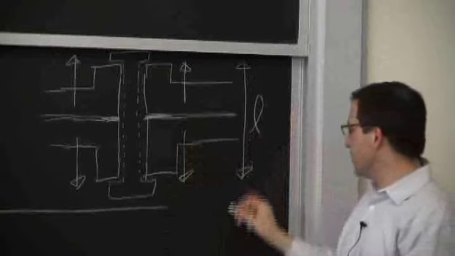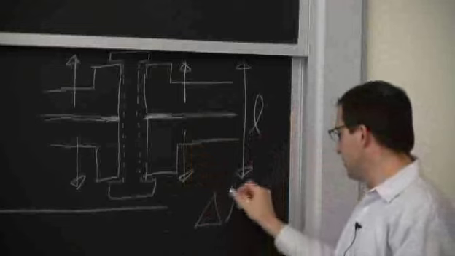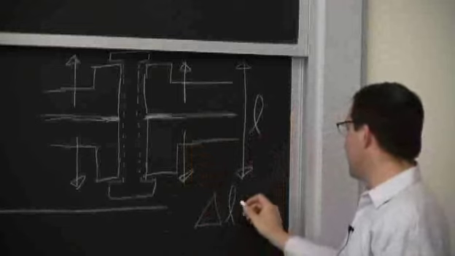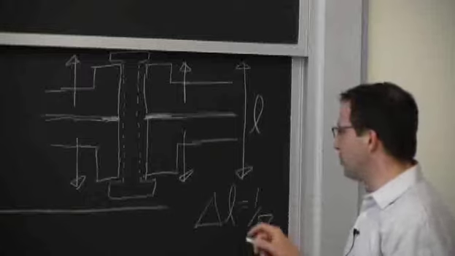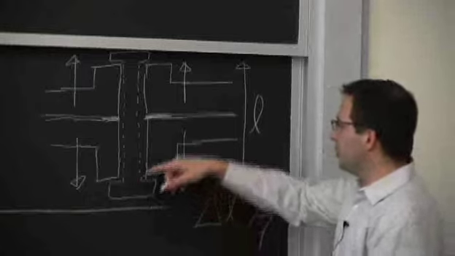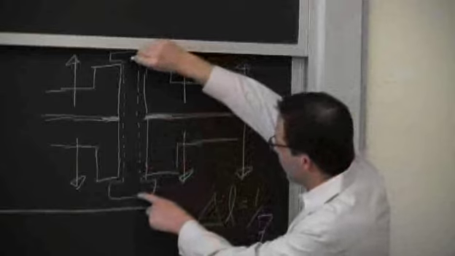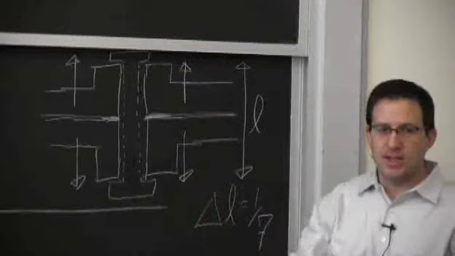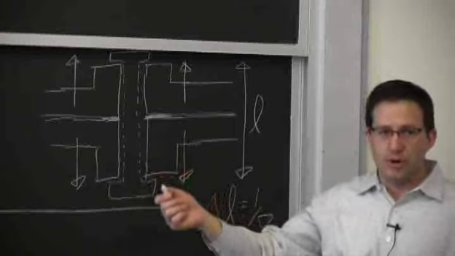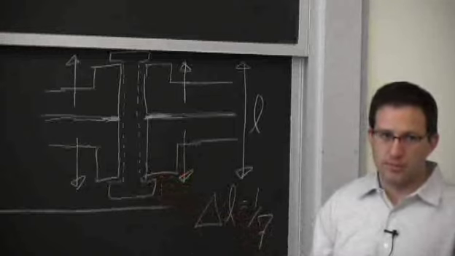So that our delta L is going to be approximately 1/7 of what it would be if you applied the load directly on the bolt, because you have less metal. So with less metal, you'll stretch it more, and you have more stress and strain.